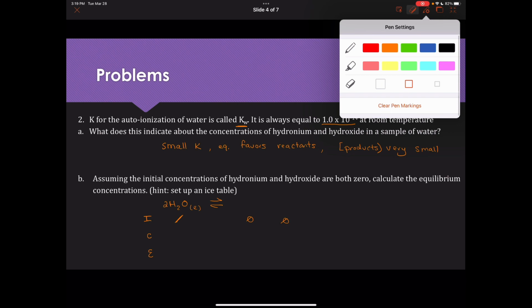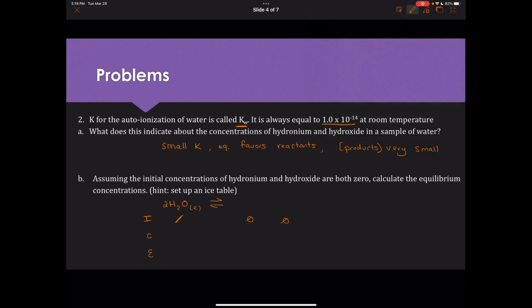So then we're going to set up the rest of our ice table in terms of X. And so we know that any reactants are going to decrease by some X amount related to their coefficients. And my products are going to increase by some X amount, again related to their coefficients.